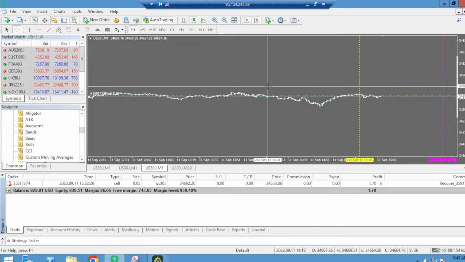So we're just waiting patiently for price to decide on a direction. We still have about 15 minutes left in this 30-minute section. So let's see if price is able to take on a direction within that time, and we're able to make up our losses and maybe even make some profits.